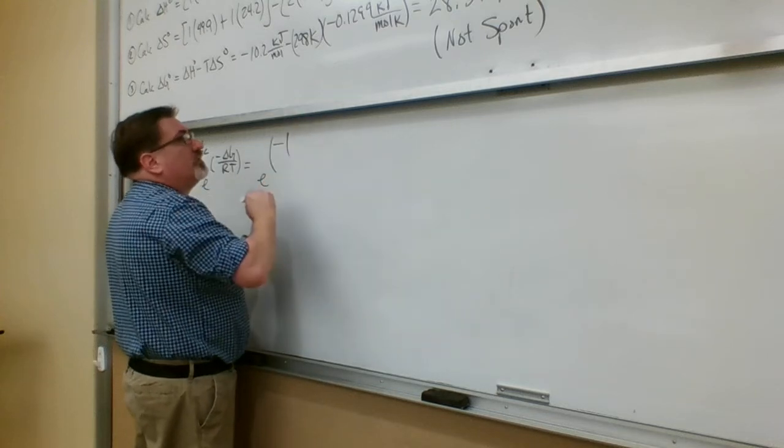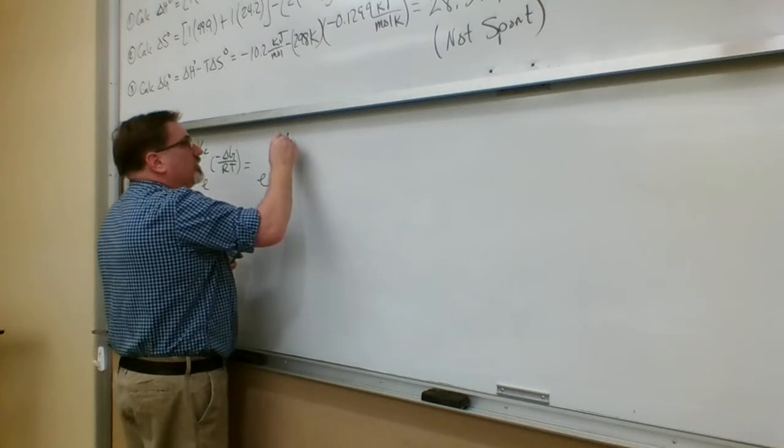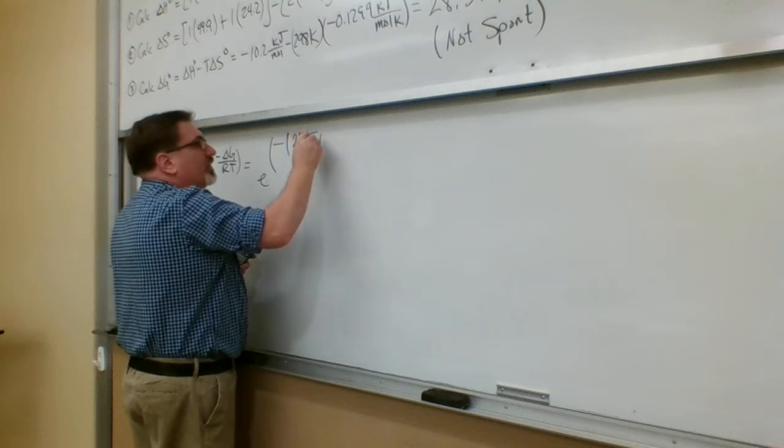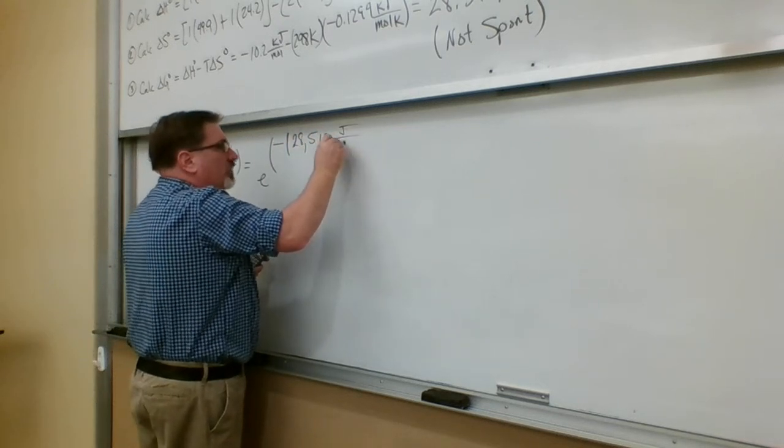I'm going to change delta G to joules per mole, 28,510 joules per mole.